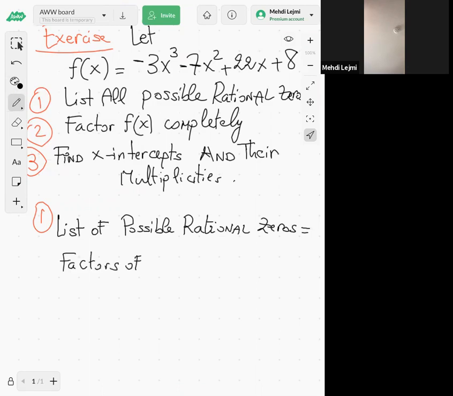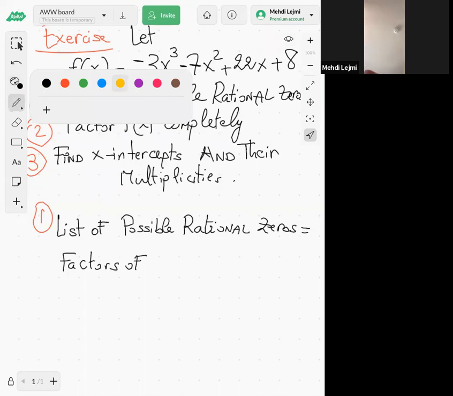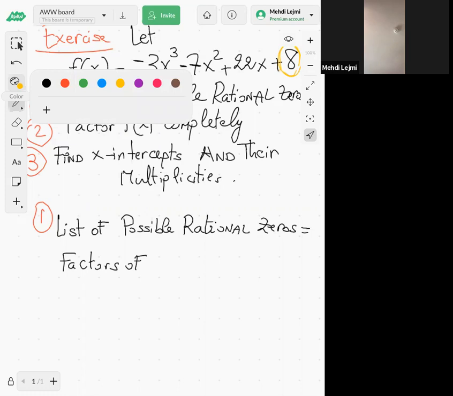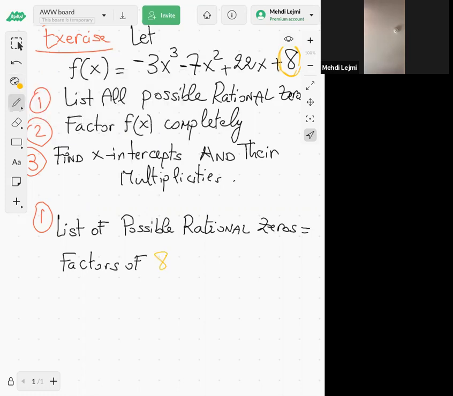The constant here, the number by itself, would be 8. That's the 8 here. So the factors of 8 over the factors of the leading coefficient, the coefficient in front of the highest power of x. That will be -3. So factors of -3, right?